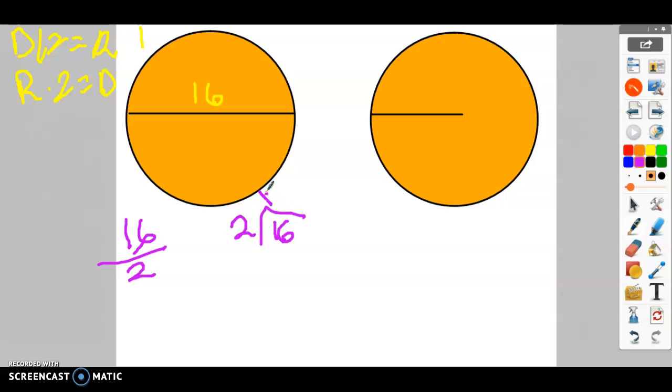So 2 can't go into 1, but 2 can go into 16. 2, 4, 6, 8, 12, 14, 16. Wait. 2, 4, 6, 8, 12, 14, 18. So it could go into 14 6 times. We're going to subtract. That is going to give us 2.